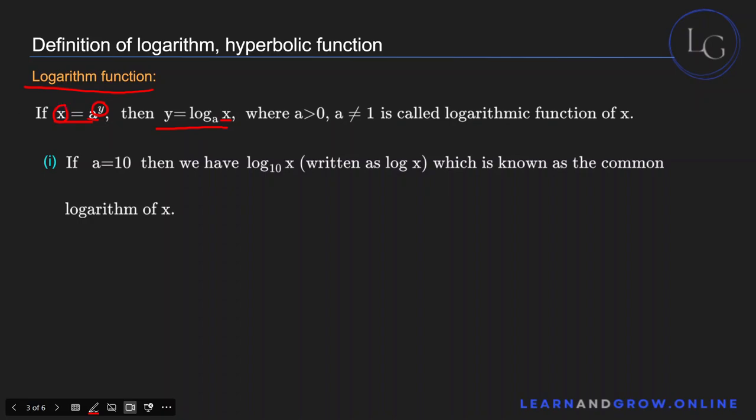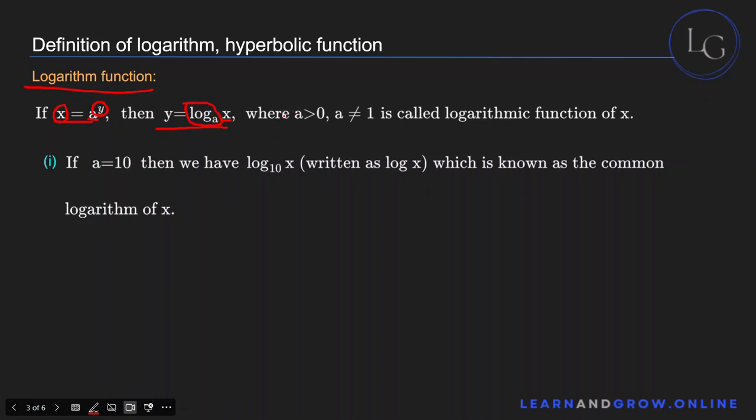So it's just another way of writing x is equal to a to the power y: y is equal to the logarithm with base a of x. And you don't need to worry about what this basically is, because you have this particular function in your calculators. So you can just simply calculate this.